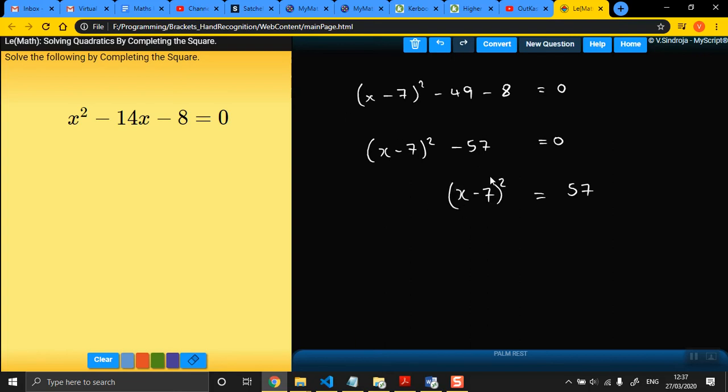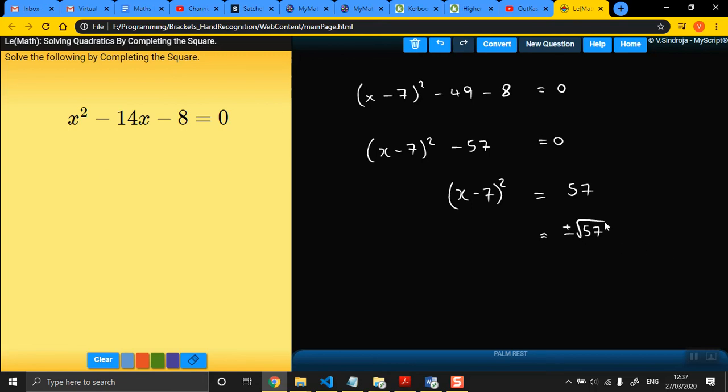Then we need to square root this other side, so square root of 57. But here's the trouble. When you square root something, technically there are two answers. There is the positive or the negative of that. So we need to put plus or minus. You can see how this is connected to the quadratic formula.